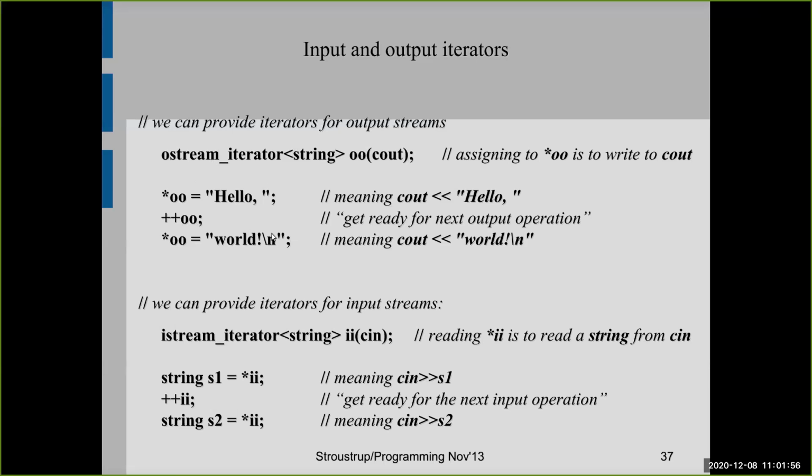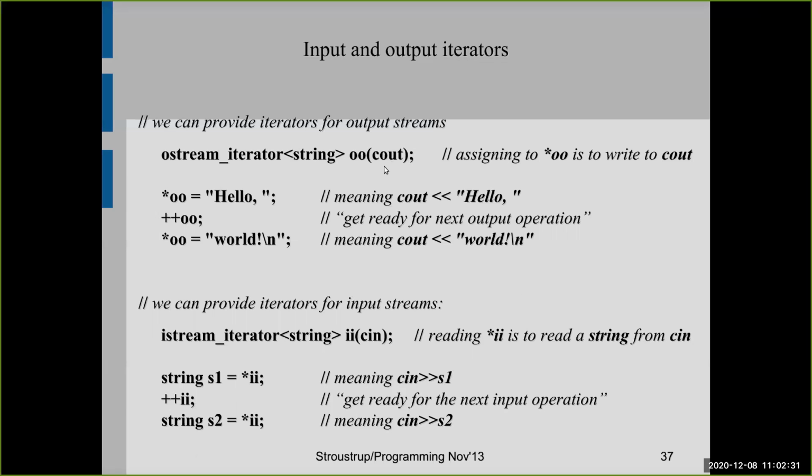And again, I can write a new word here. So you can see that these operations are equivalent with cout. The same I can do with istream. So again, the reference iterator will read a word from cin. Then I get to another word, and again, I can read it.